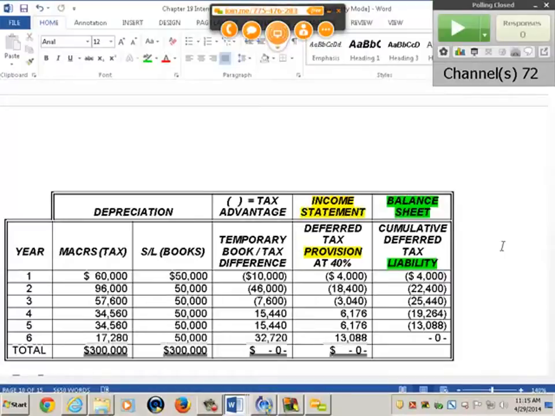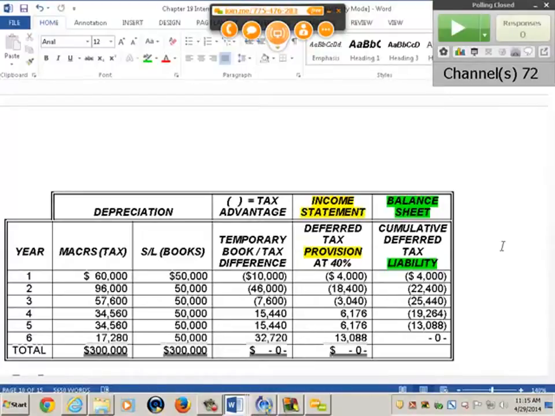Next, in year 2, I'm able to take $96,000 for tax, $50,000 for books. I have an excess tax depreciation of $46,000 that at a 40% tax rate will save $18,400. That $18,400 will be paid back after reversal takes place when we get into the tax disadvantage period, and therefore my liability is now 22.4.